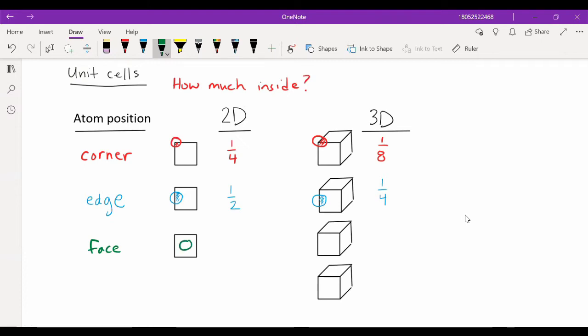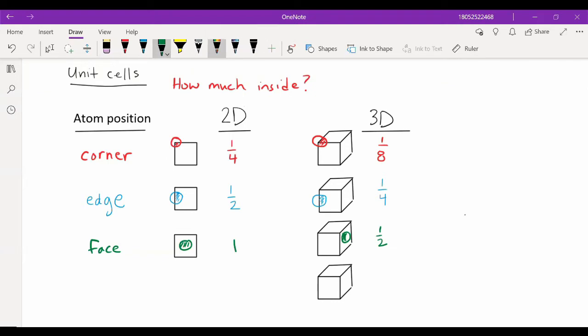So an atom right on the face of a two-dimensional cell would just be right inside the square. All of it would be inside, or the fraction could be represented as just a 1. And again, here, if we imagine there's an atom on the face of this cube, half of it's inside, half of it's sticking outside. So we're going to get half inside.